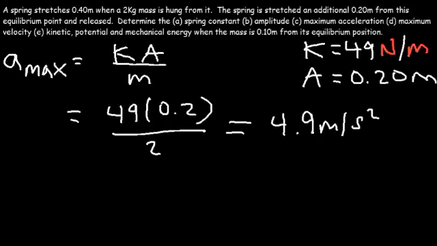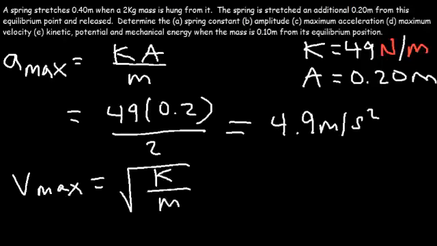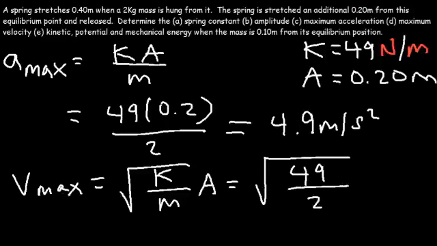Now what about D, the maximum velocity? The equation that we need for that is the square root of k divided by m times A. 49 divided by 2 is 24.5, and the square root of that is about 4.95 times 0.2.